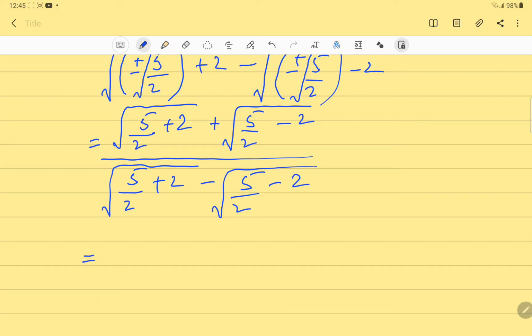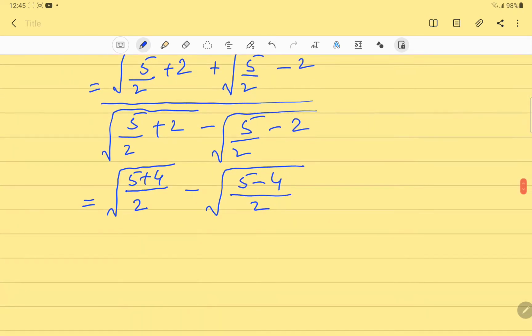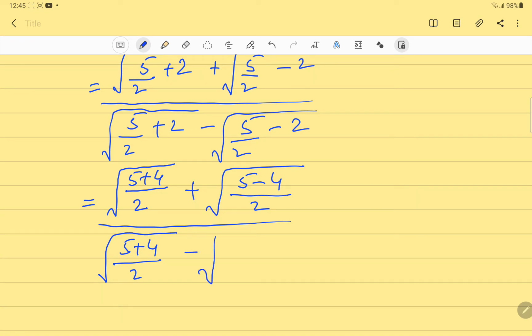Let us solve it now. 5 over 2 plus 2 gives 5 plus 4 over 2, exactly the same here, 5 minus 4 over 2, this is positive.